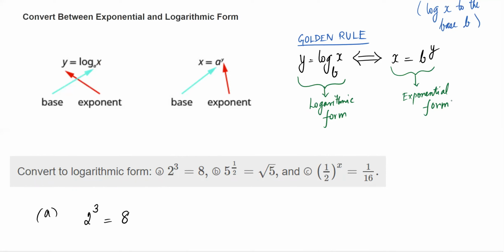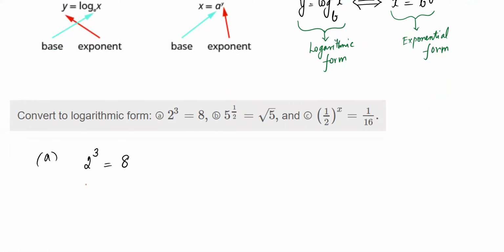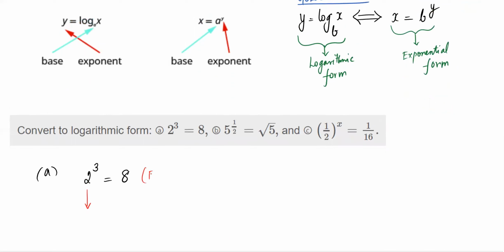Okay. All right, so here they say convert to logarithmic form. Okay. And so you have 2 power 3 equals 8. Okay. So I would like to look at this so that it matches with the exponential. This is the exponential form. So I'm going to match it with the exponential form I have. x equals b power y.